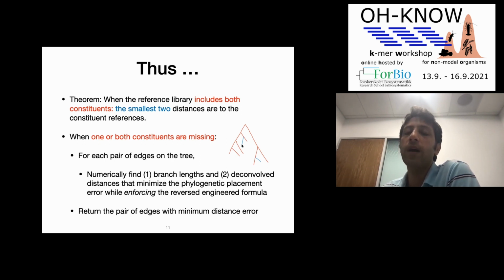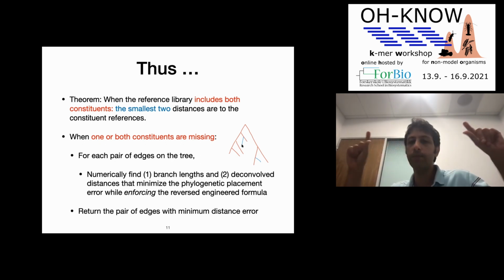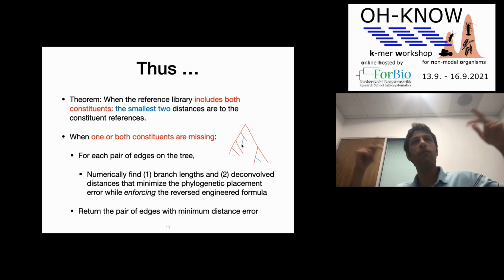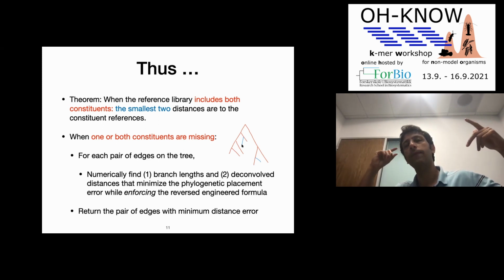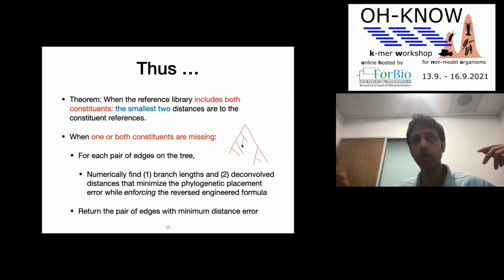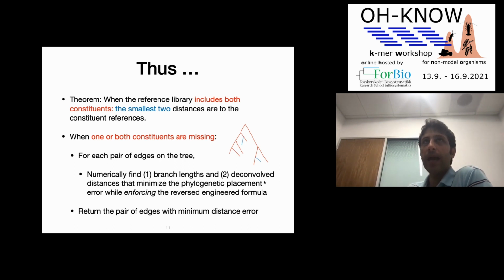Then we try to deconvolve that distance matrix such that the deconvolved values correspond to that reverse engineered formula I showed earlier, but also match the tree as much as possible. But it won't ever completely match the tree.